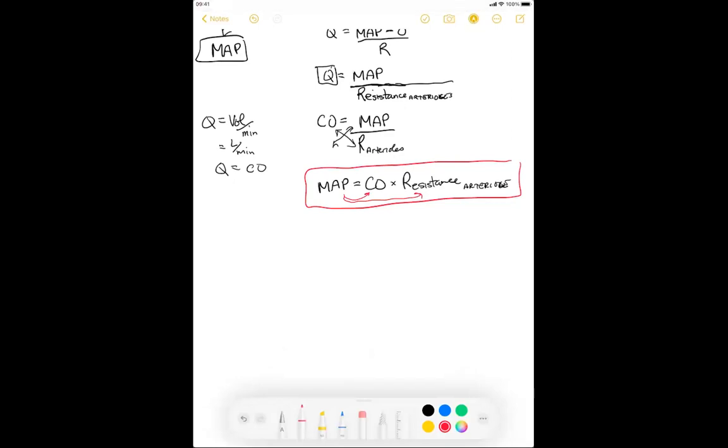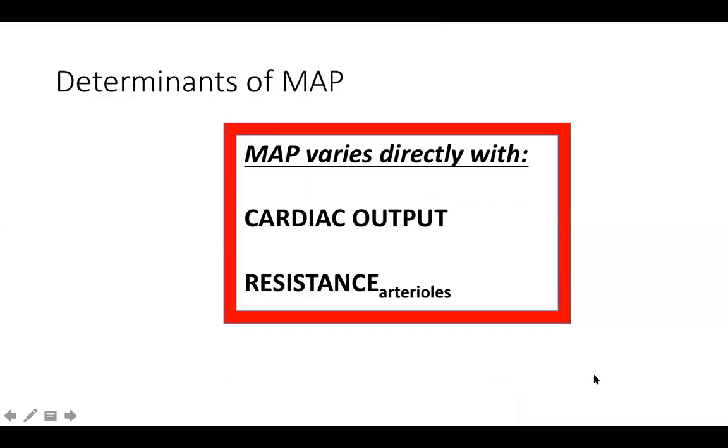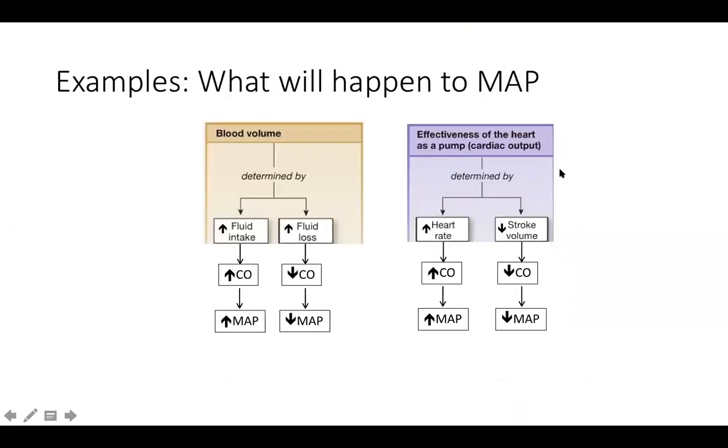So I'm going to go back to the previous screen. So now we know where this formula comes from. But now we can look at changes in different factors here. So what will happen to the mean arterial pressure? So here's an example. If our blood volume changes, well, our blood volume can be determined by fluid intake.